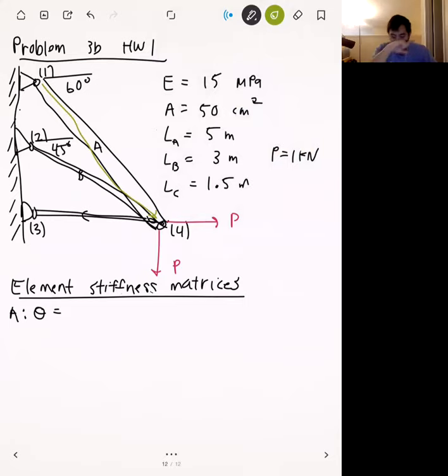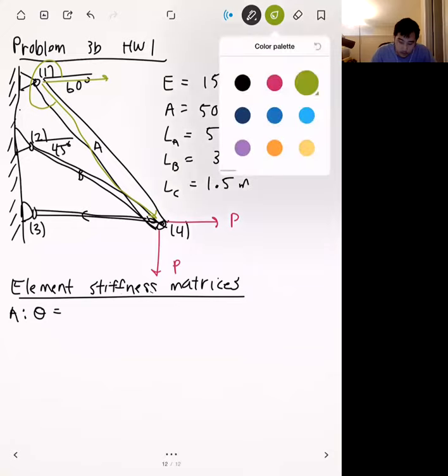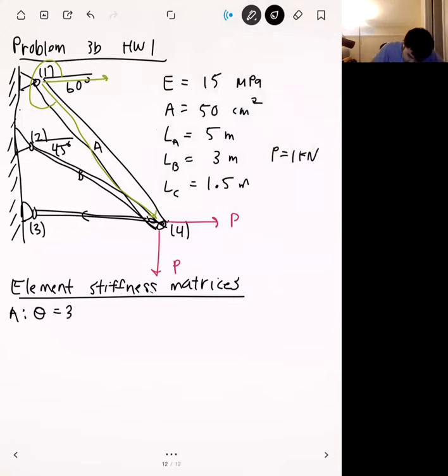If we draw the positive x-axis, this element had to rotate by not 60 degrees, but 300 degrees. With 300 degrees, we can compute cosine and sine. The cosine is going to be 1/2, and the sine is going to be minus root 3 over 2.